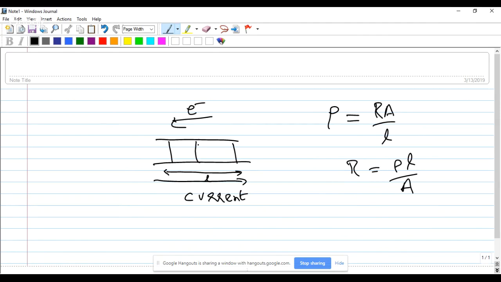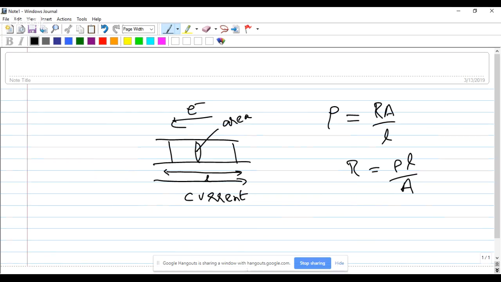A is the cross-sectional area. So in this particular case, if it is a cylinder, A is just pi r square. So that is why we define resistance as rho L over A, or resistivity as R times A over L. So A always refers to the cross-sectional area.